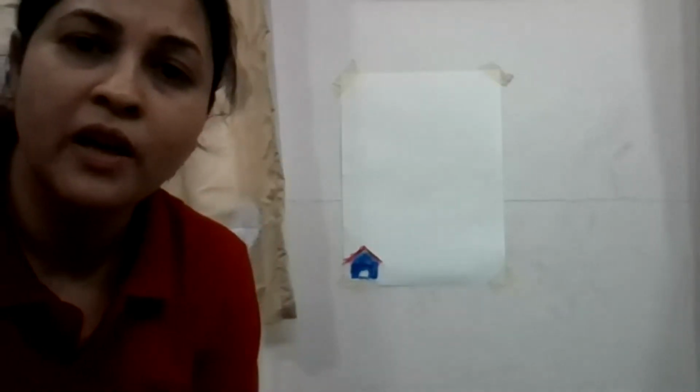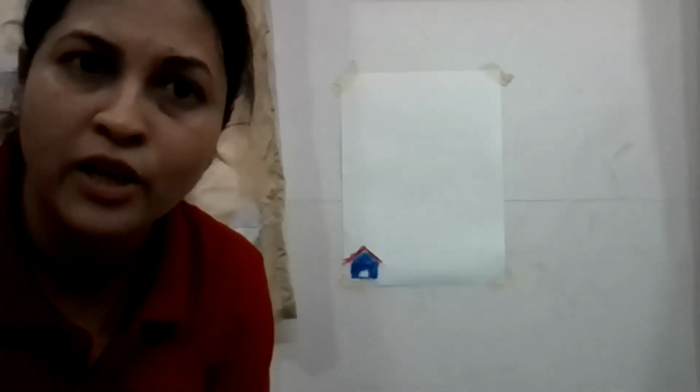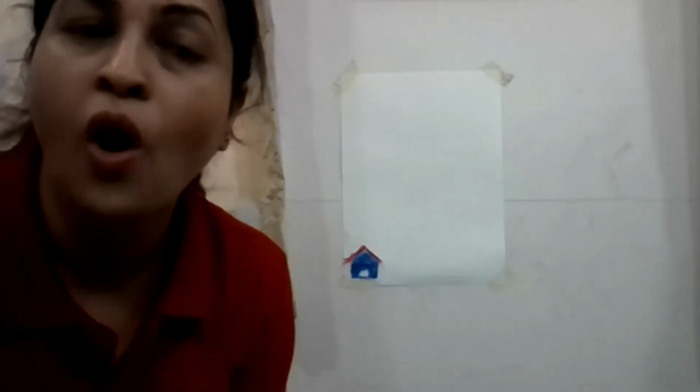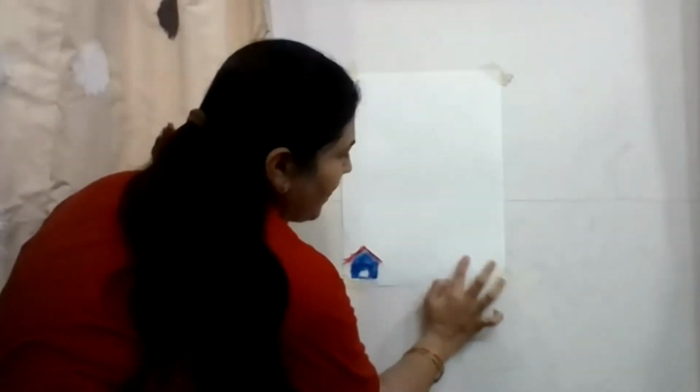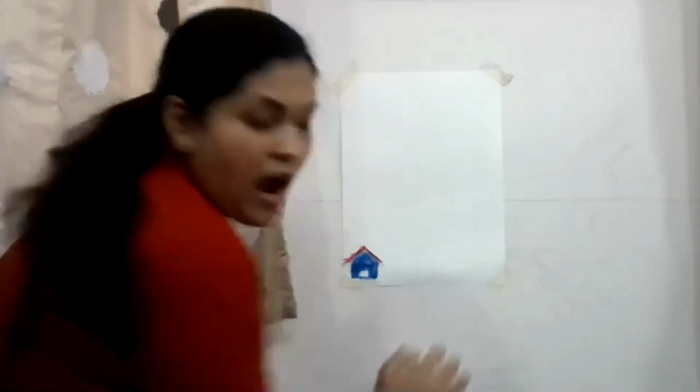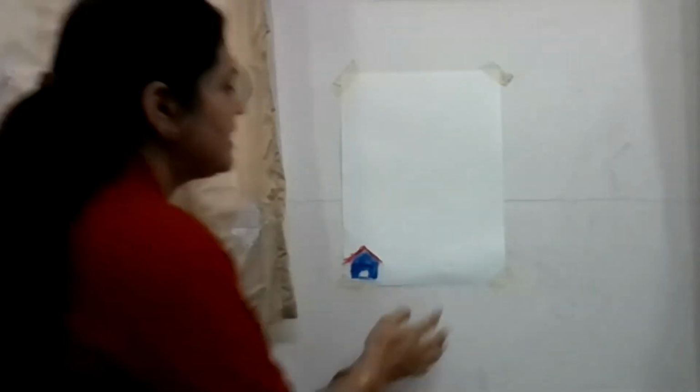Okay, now next. Do you remember after leaving the house, where did we go first? We had to cross the tall, wavy grass. Yes? And so we will stick the grass. Okay? So little bit far from your house, you can stick little grass.